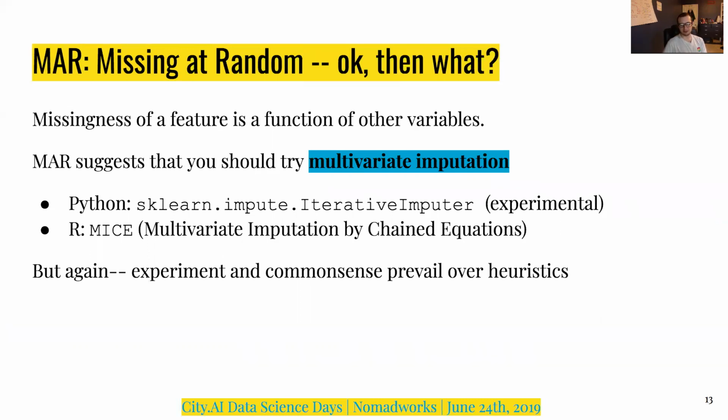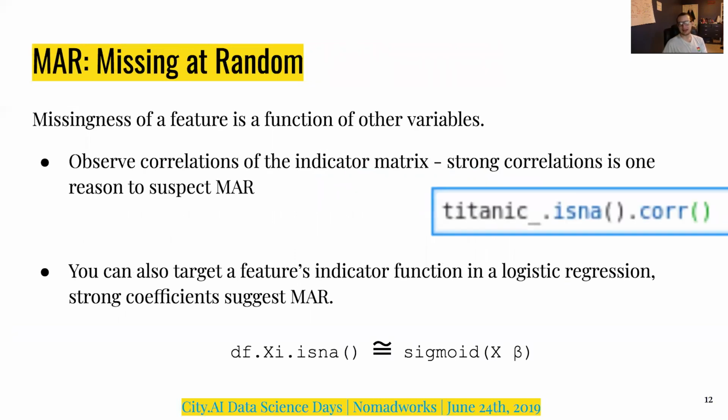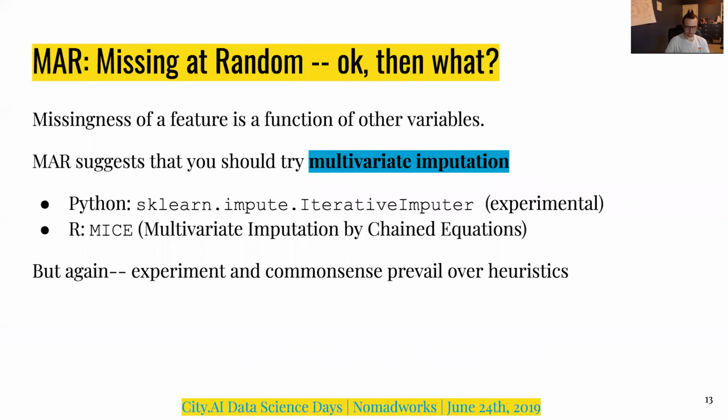Iterative imputer is performing stronger than my other imputer methods. Well, you know what? That makes sense to me because I saw the correlations in the indicator matrix, right? But you're never going to come to a place where you're not using common sense. You're never going to come to a place where you're not experimenting, and that's really important. Experiment and common sense prevail over heuristics.